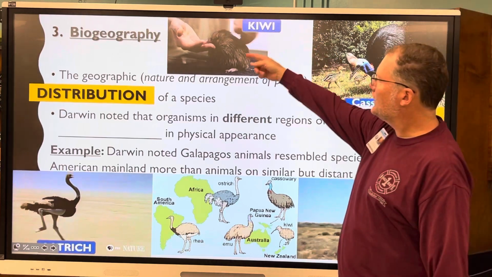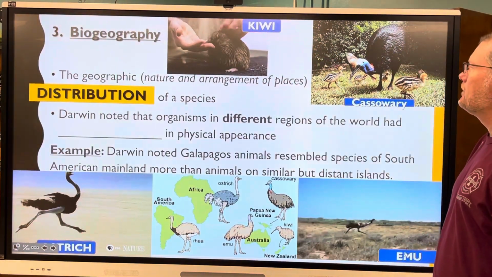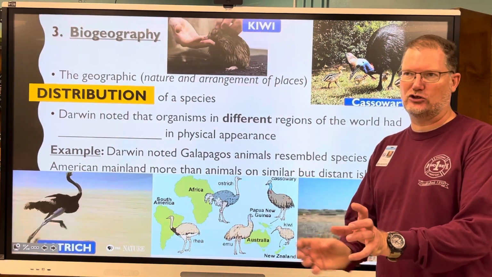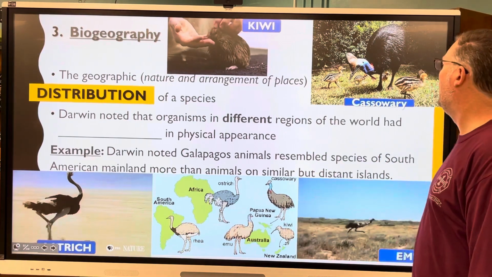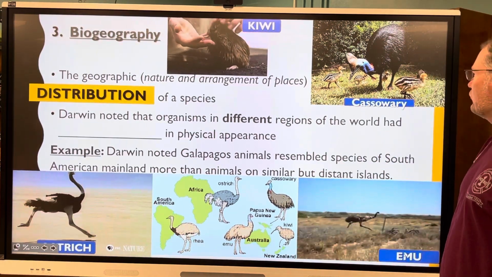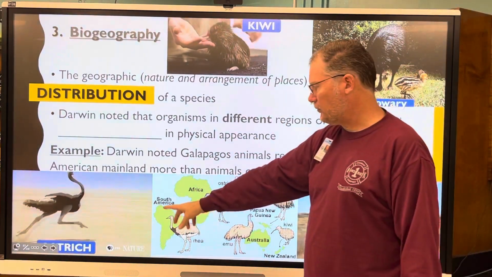So kiwis, look at that little bird. They're so odd, but they're so cute. They live in New Zealand, which is a big island nation off of Australia. Cassowaries also are from down in that region. These are babies. Ostriches from Africa.